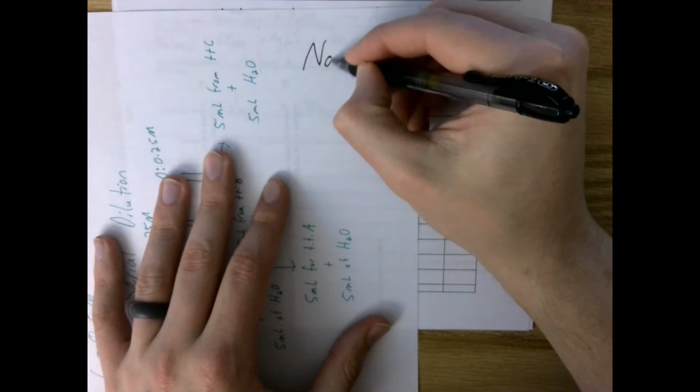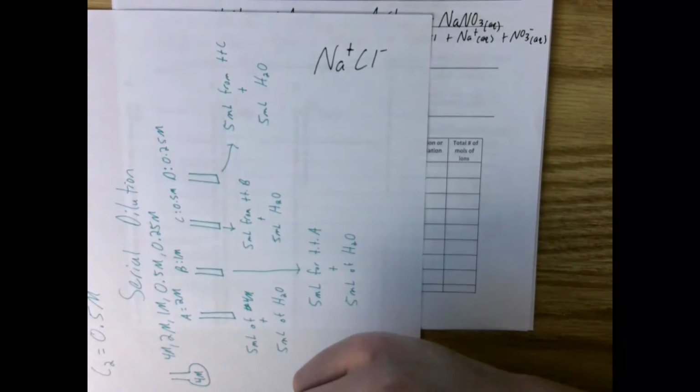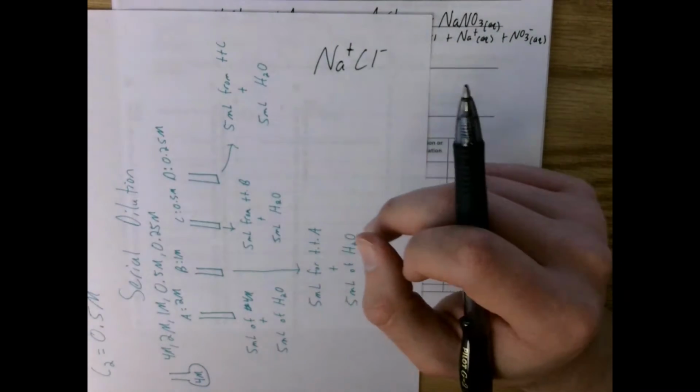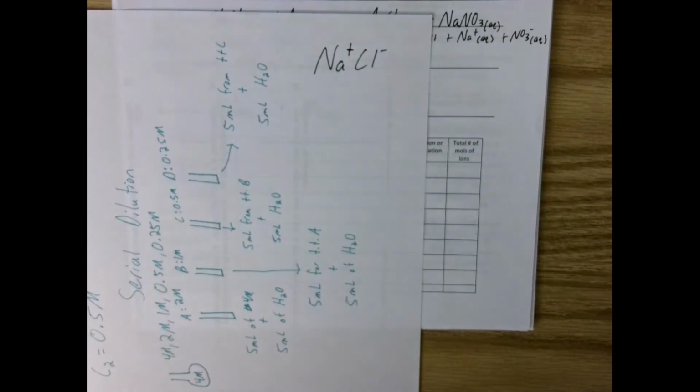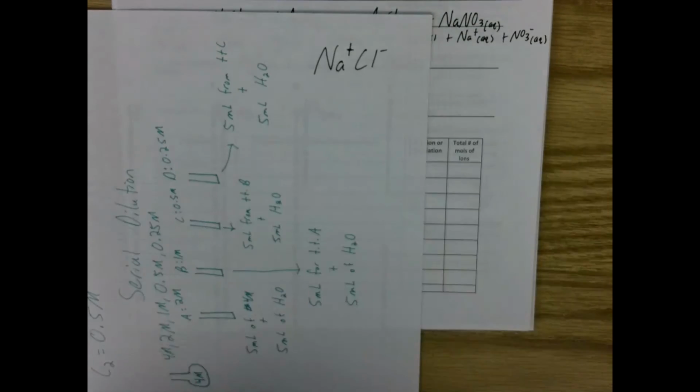So I have here Na plus Cl minus. That's what solid sodium chloride looks like, Na plus beside Cl minus just beside each other. When they break apart, do I have to form the ions, or are they already formed? They're already formed, just breaking them apart, just dissociating them. So what type of molecule ionizes?